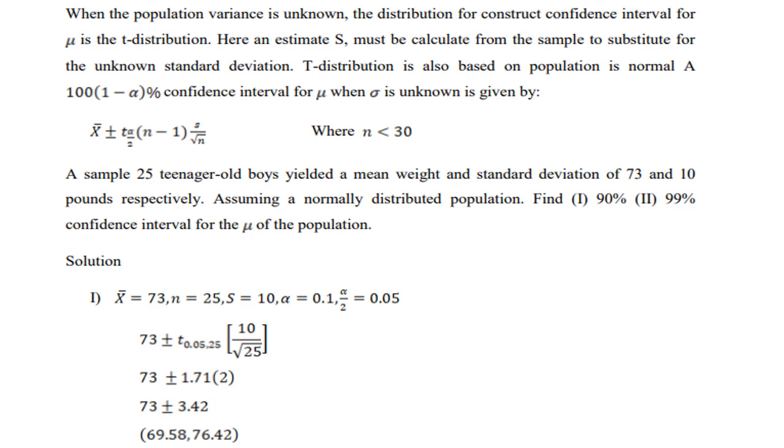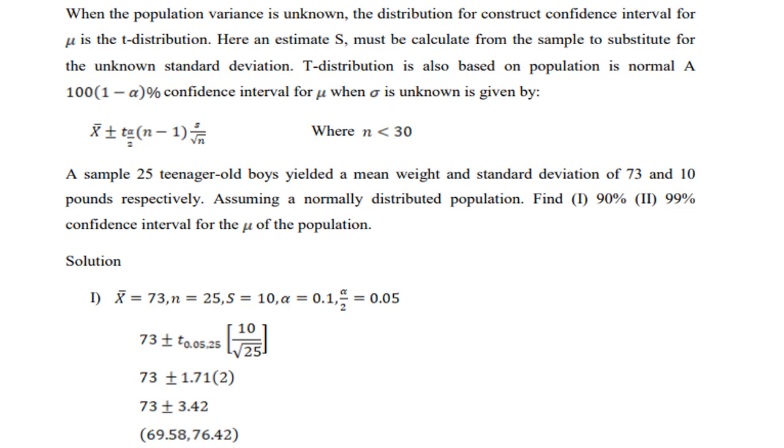So that is the difference between when to use standard normal and when to use student T distribution. We use student T distribution when the population variance is unknown.